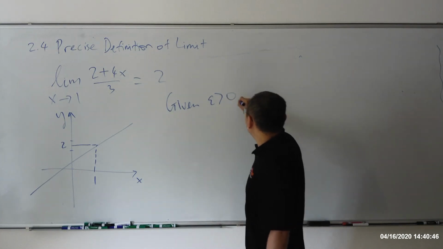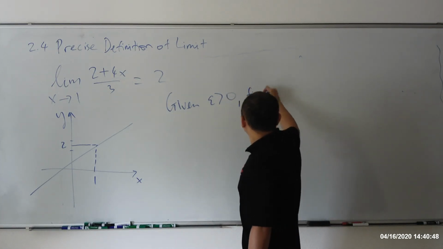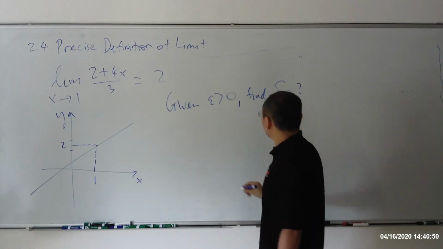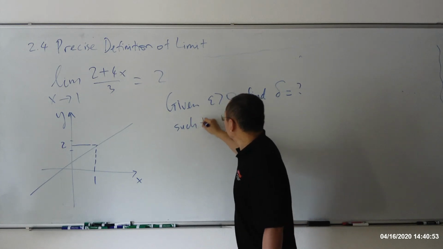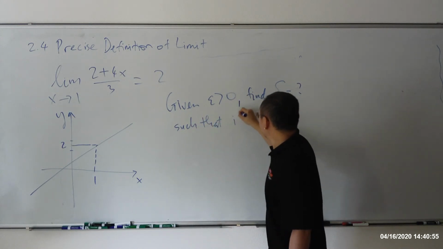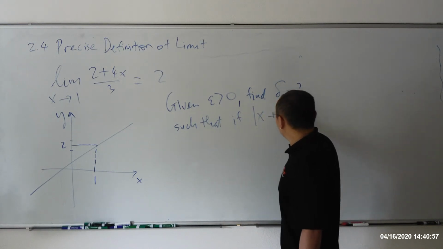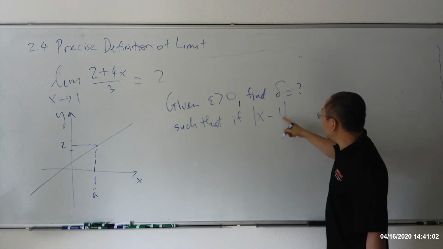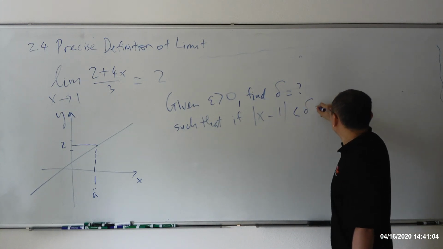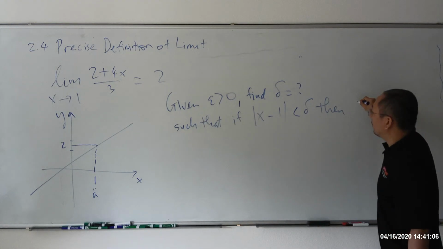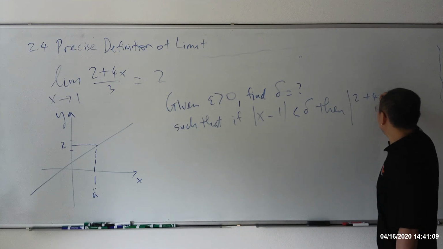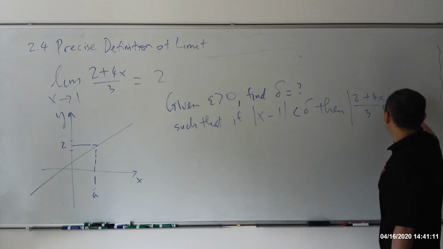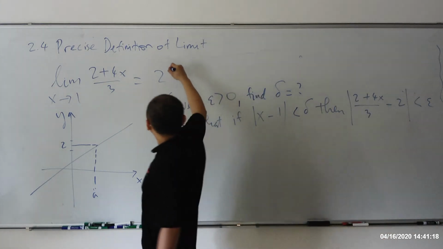And I want to find delta equal to something such that if x minus 1, say my a right here is 1, so x minus a, in this case x minus 1, is less than delta, then I will get the function (2 plus 4x) over 3 minus the limit, which is 2, the limit L equal to 2, less than epsilon.